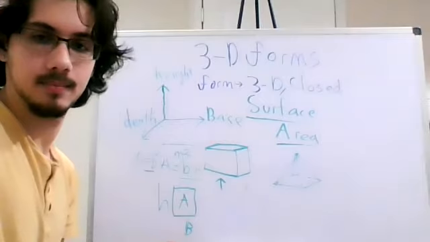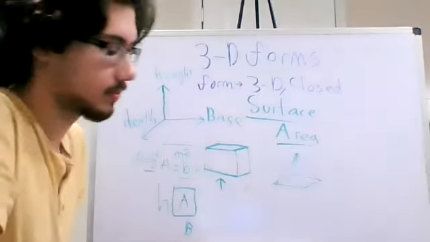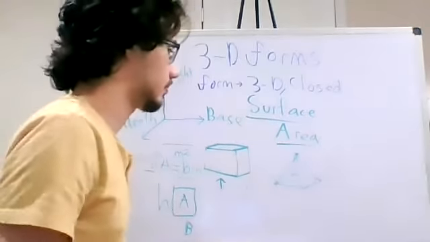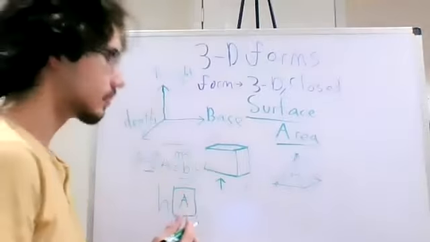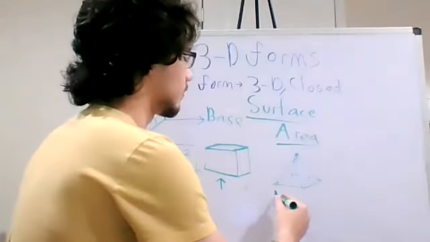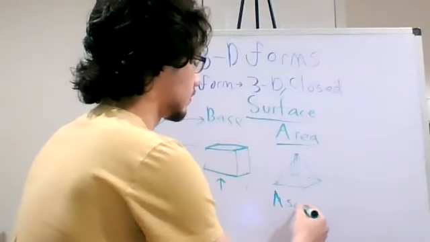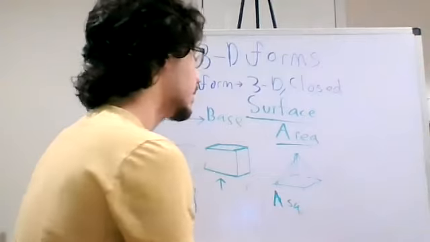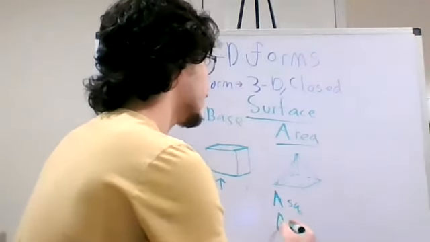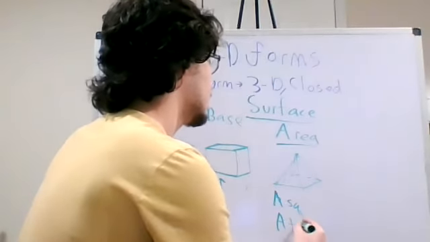You first find the area of the square at the bottom of the pyramid. You find the area of that, then find the area of one of the triangular sides. Very good. Area of the square and area of the triangle.